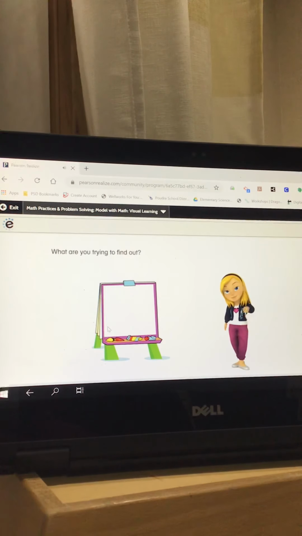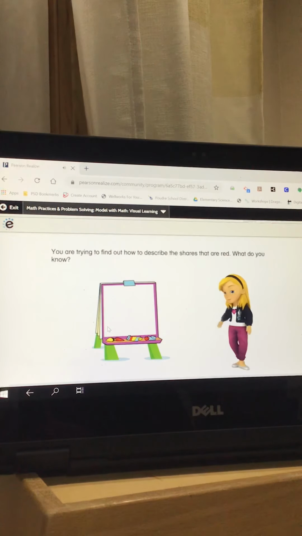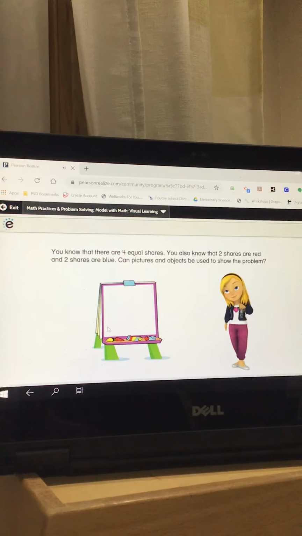What are you trying to find out? You are trying to find out how to describe the shares that are red. What do you know? You know that there are 4 equal shares. You also know that 2 shares are red and 2 shares are blue.